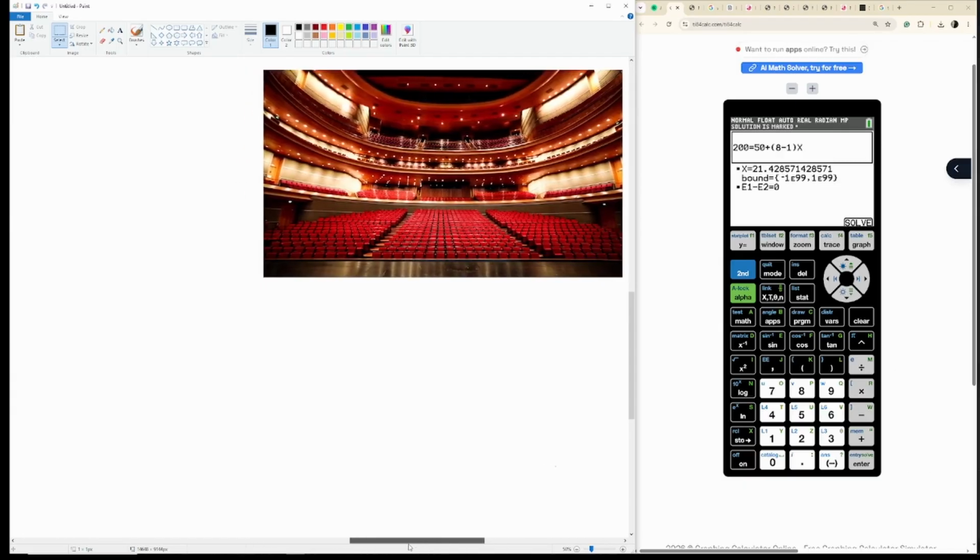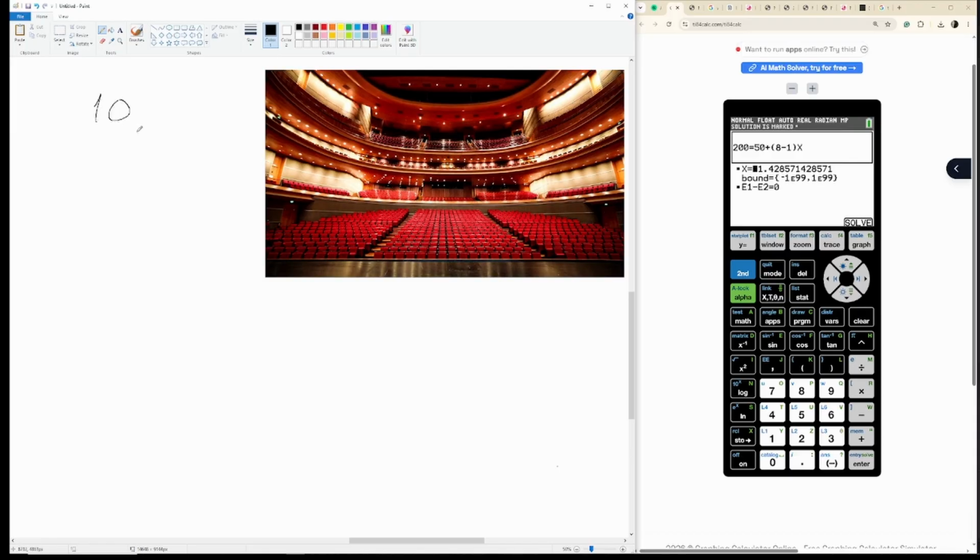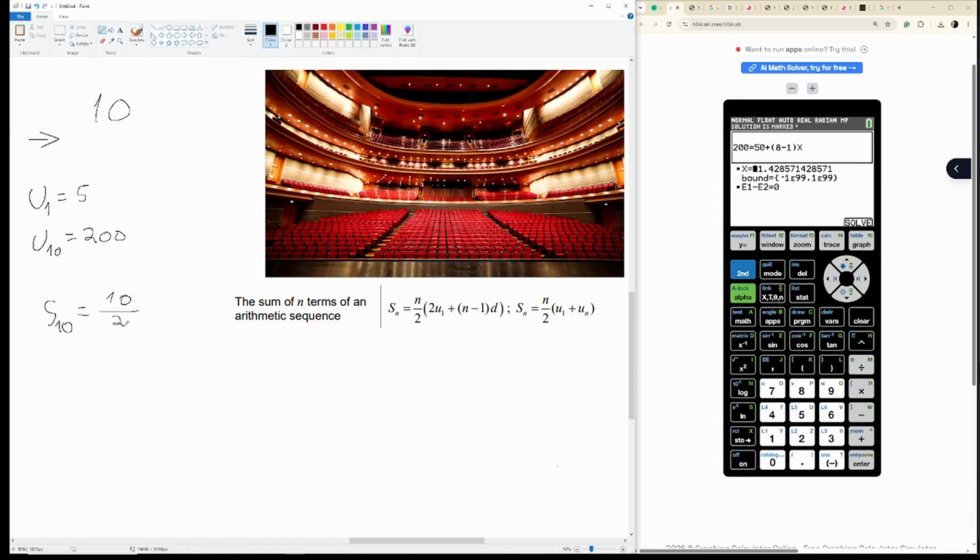And let's try to find an example for this as well. Let's say that there is a movie theater, and 10 minutes before the show, people start coming in. In the first minute, only 5 people came in. However, in the last minute, we know that 200 people came in. Therefore, here we can use the first formula: divide 10 by 2, and then put 5 plus 200.